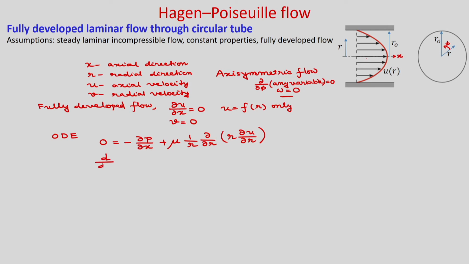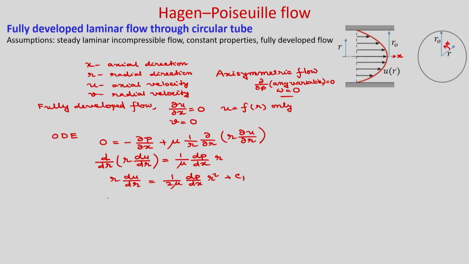d by dr of r into du by dr is equal to 1 by mu dp by dx into r. Okay. So, now if you integrate it, you will get r du by dr is equal to 1 by twice mu dp by dx into r square plus C1.